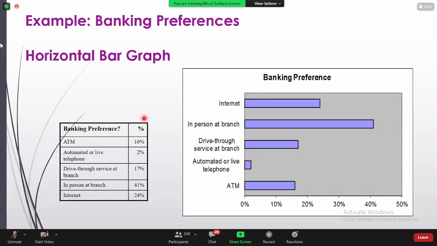In the statistical perspective, what is your decision? That decision you have to give, not this one. Based on these statistics, what is your decision regarding the preference of banking methods?